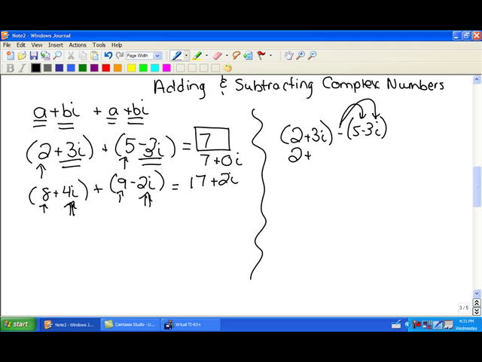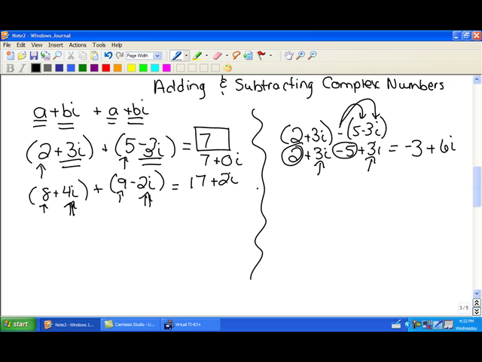So we really have 2 plus 3i minus 5 plus 3i, because a negative times 5 is negative 5, and a negative times a negative will be a positive. Combining the real parts, 2 and negative 5, will give us the total of negative 3. Combining the imaginary parts, 3i plus 3i, will give us 6i. So in our answer, the a is negative 3, the b is positive 6.